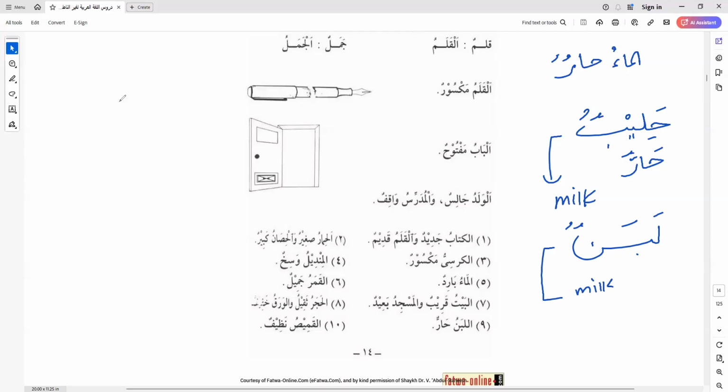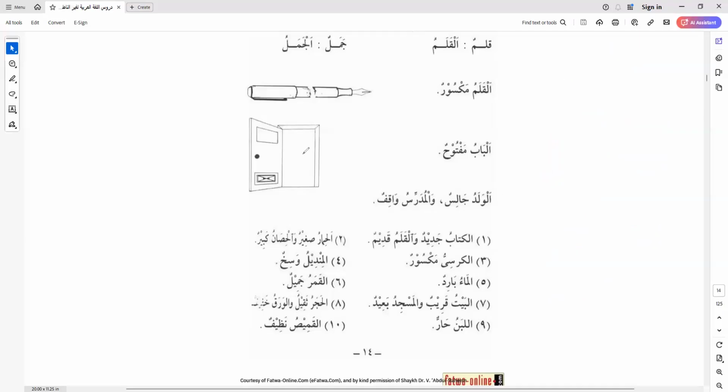So as you can see, we are learning how to use adjectives as complements. But before we discuss it, we've come across so many adjectives. And in this lesson, another thing you learn is how to use antonyms, words and their opposites.